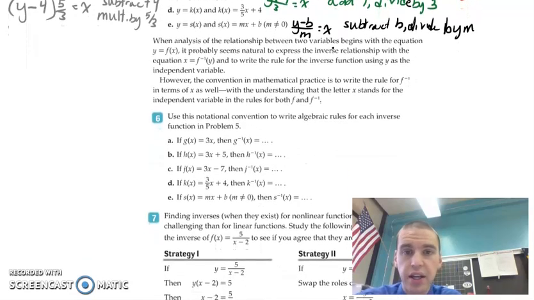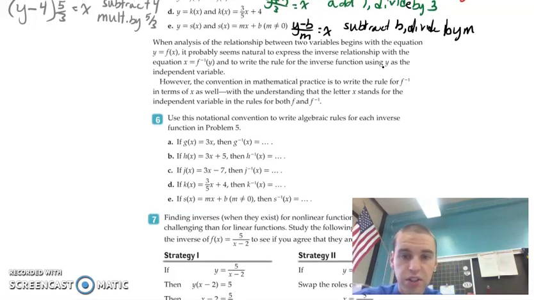And it would make sense to write the rule using y as the independent variable. However, the convention in mathematical practice is to write the rule as a function of x as well, which doesn't necessarily make sense, but we always use x as the independent variable, so therefore we're going to keep it as that. So I understand that it makes sense to keep it as y, but we're not going to in this case. We're going to use notational convention to write these rules.